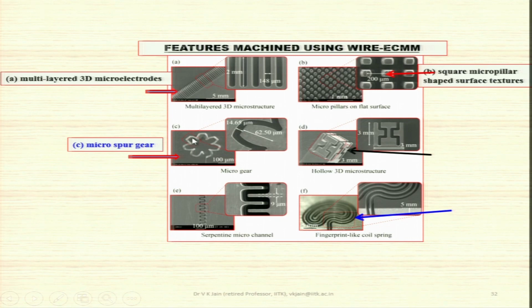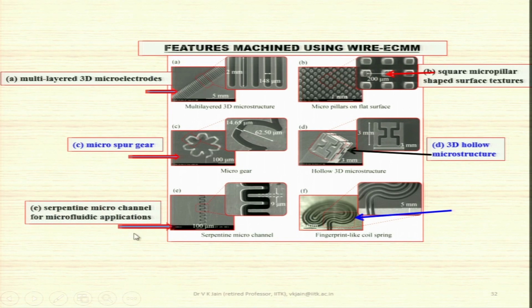This is the enlarged view of a tooth of the micro gear, and you can see the dimensions over here: this is the radius of 62.50, and this is the thickness, that is 14.65 micrometer. And here you can see a 3-dimensional hollow microstructure, very interesting, and it has been done in one go. You can see certain dimensions over here, and these slots have been cut in micrometer.